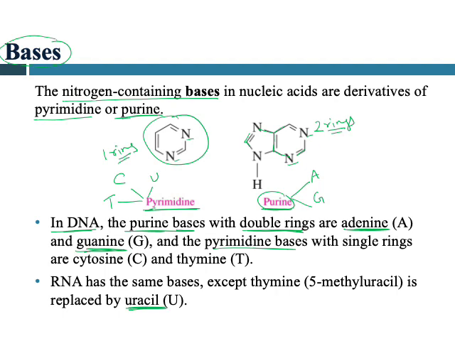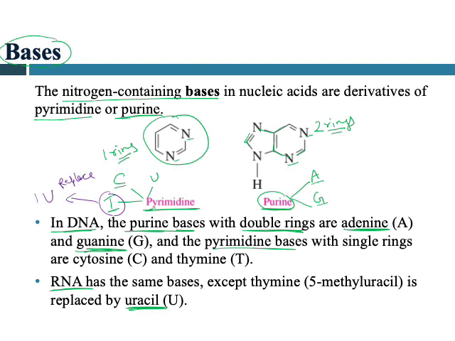So you will find adenine, guanine, cytosine and thymine in DNA. And in RNA, the second type of nucleic acid, thymine is going to get replaced by uracil.